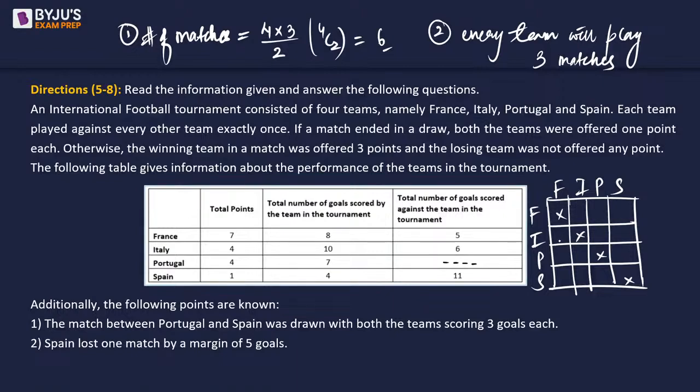Now second row first column and first row second column, ये दोनों cells same match के बारे में बात कर रहा है. This is talking about the match between Italy and France, and this is also the match between Italy and France. So we have to only take one because each team plays every other team exactly once. तो आप ऊपर वाला triangle जो है वो आप cancel out कर दो, मतलब those cells should not be used. So these are the 6 matches that we are talking about.